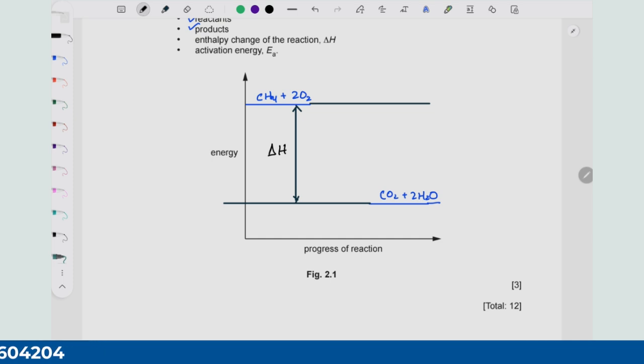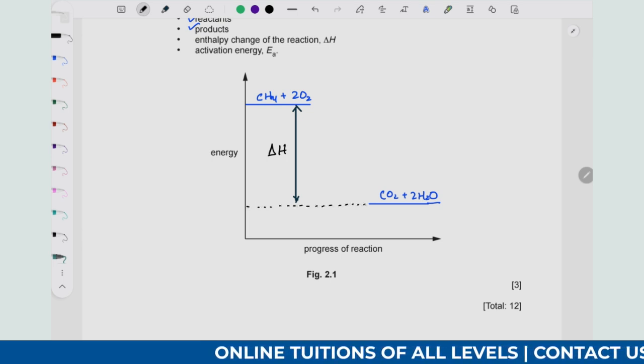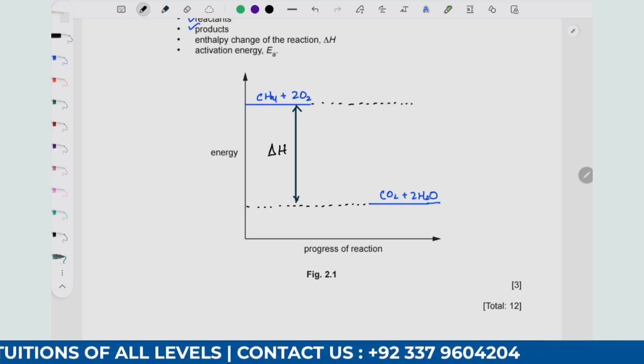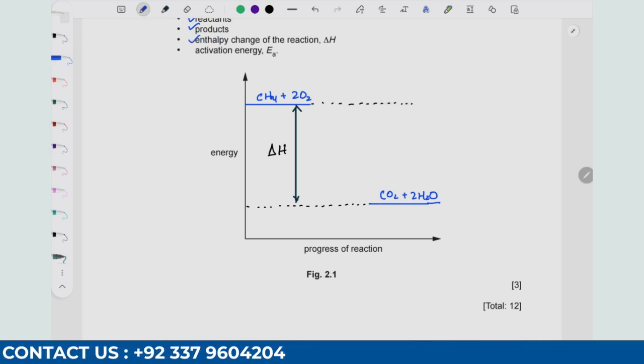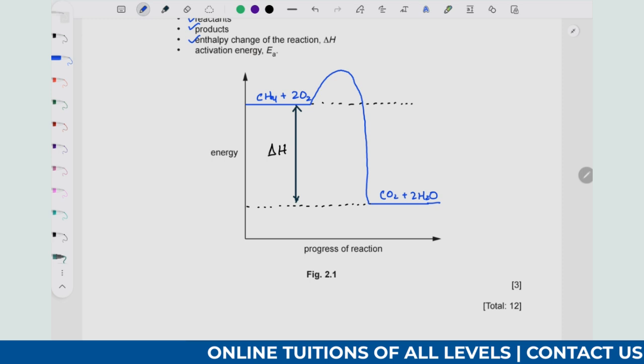This will be our delta H, and we can draw a dotted line over here and a dotted line exceeding this. Now we have done our enthalpy change. Now let's show the activation energy. Activation energy will be like this.